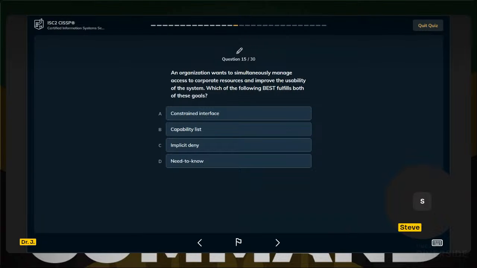All right. An organization wants to simultaneously manage access to corporate resources and improve the usability of the system. Which of the following best fulfills both of these goals? Compatibility list.